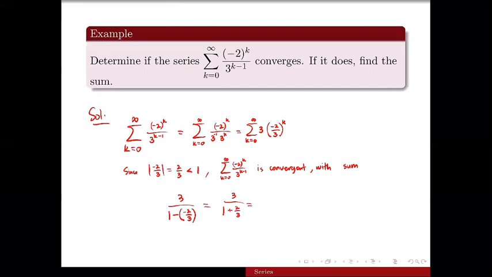Let's just add this: 3 over 3 plus 2 over 3. So this is equal to 9 over 5. So that's the sum of this series here.